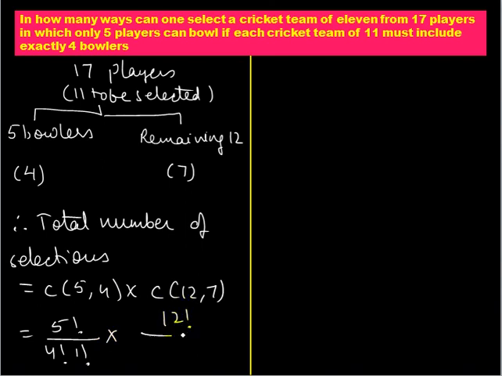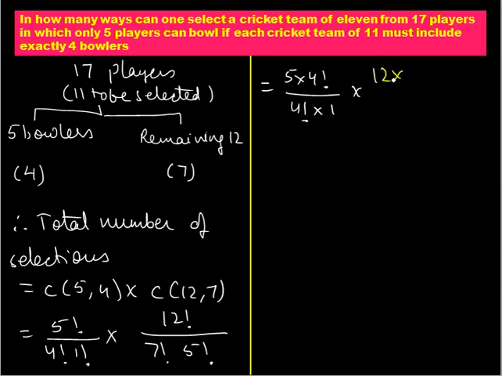Here 12 factorial over 7 factorial into 12 minus 7, which comes out to be 5 factorial only. Now simplifying this, 5 factorial can be written as 5 into 4 factorial, which gets cancelled out with the 4 factorial in the denominator. 1 factorial is 1.